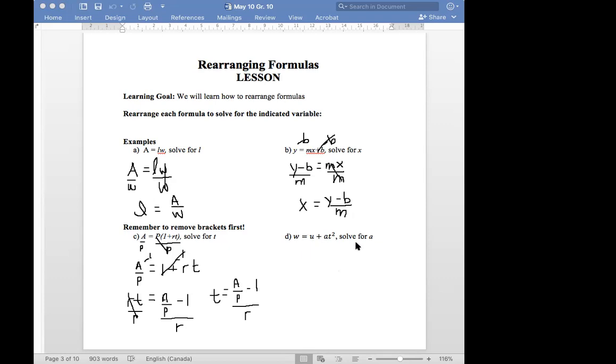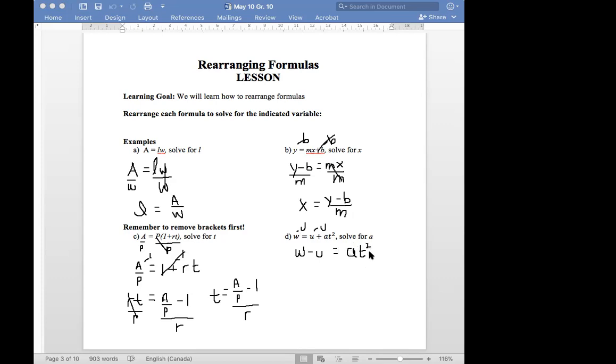For this one here, we're looking to solve for A. Our first step would be to subtract U on both sides. So we're going to have W minus U is equal to A T squared.